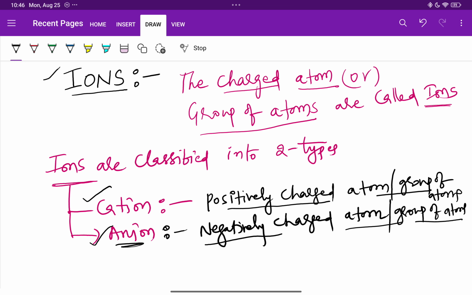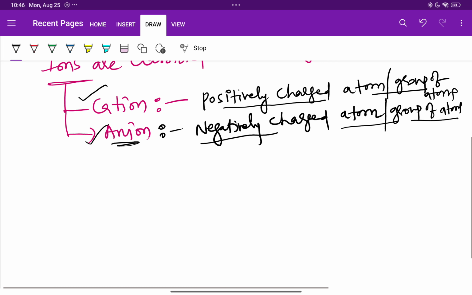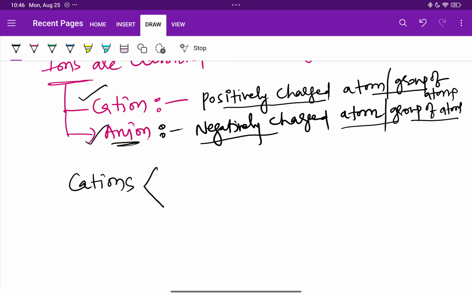But when we go into the deeper concept, either cation or anion will be classified into two types again: simple cations and compound cations.